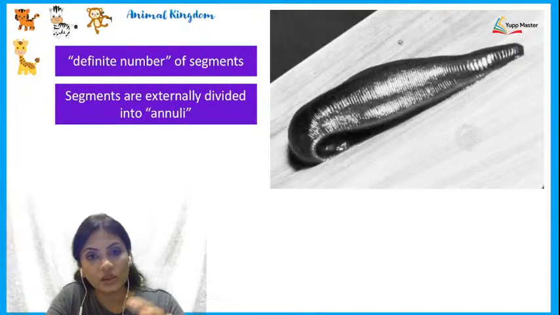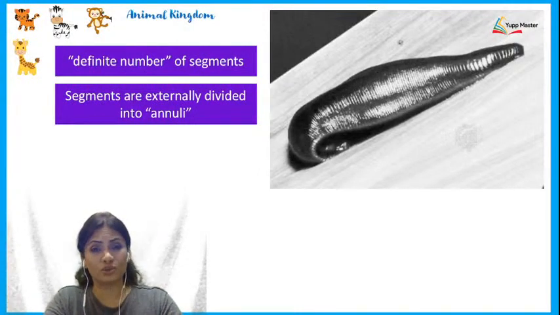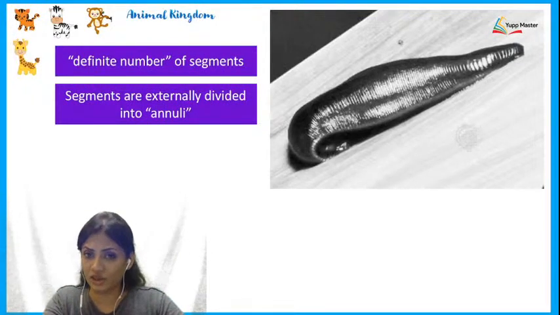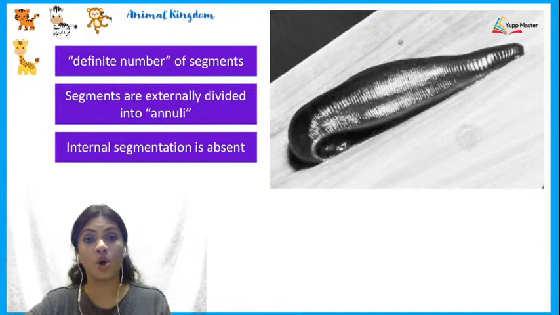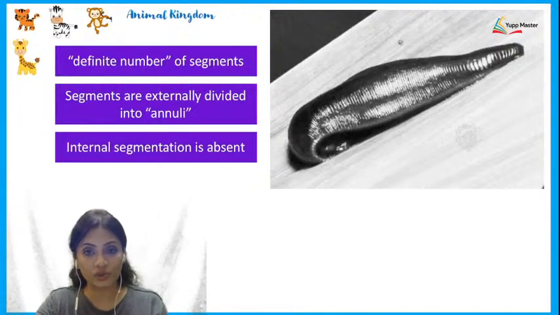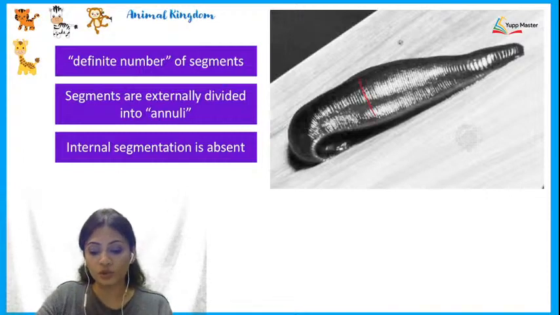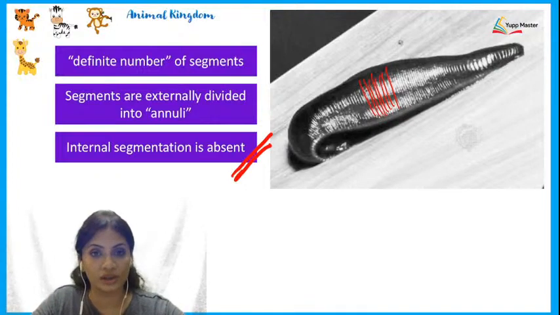These are animals belonging to annelids, but they don't have metameric segmentation because they have no internal segmentation at all. So whatever segmentation you are seeing in a leech would be found only externally. Internal segmentation is absolutely not present.